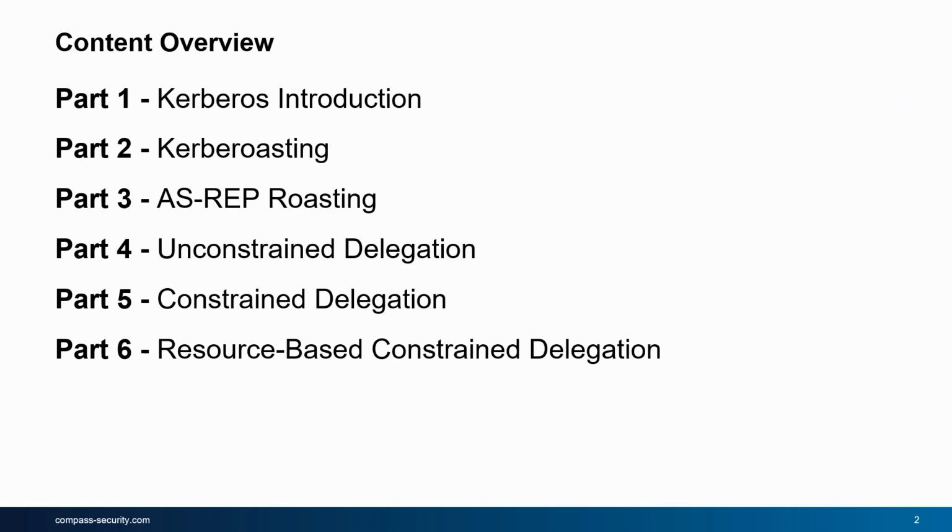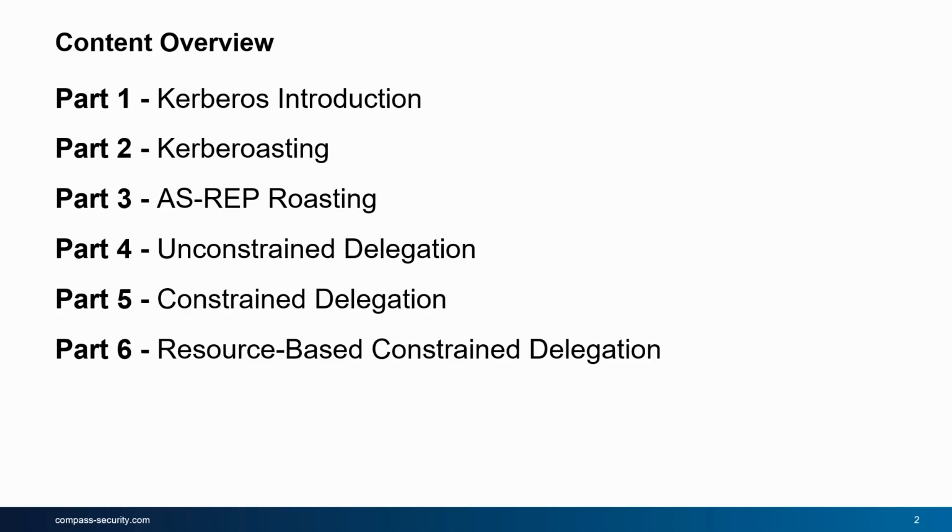Now, before we jump into the content of the first part of this series, let's quickly talk about what topics we are going to cover. In the first part, we start with an introduction to Kerberos itself, so how the protocol works under the hood. In part 2 and 3, we'll look at different attack techniques called Kerberoasting and AS-REP roasting.